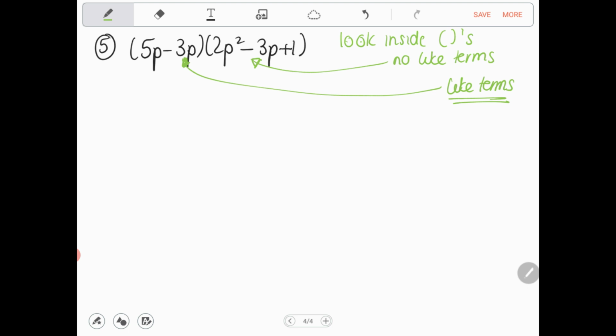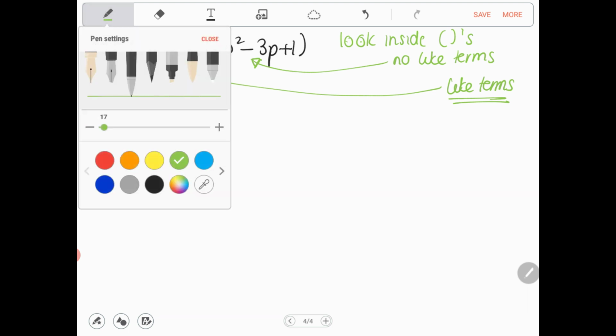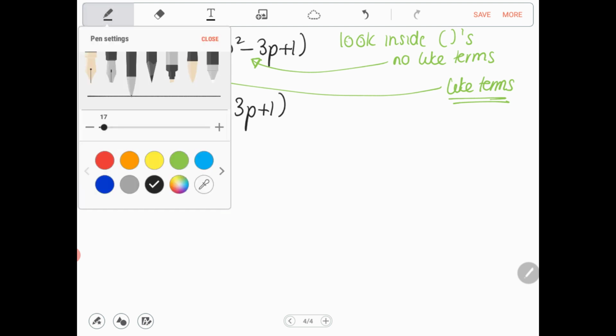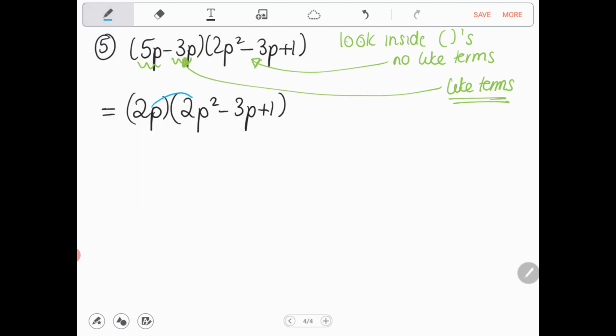So I'm going to first start by putting these two terms in that bracket together. Okay, so 5p minus 3p gives me 2p. And we're going to be multiplying that by this bracket. Okay, so I've got to distribute again that to all three terms.